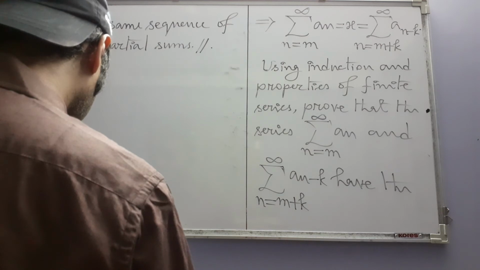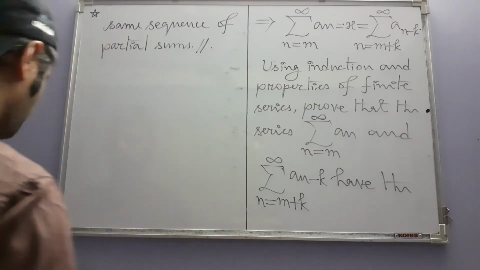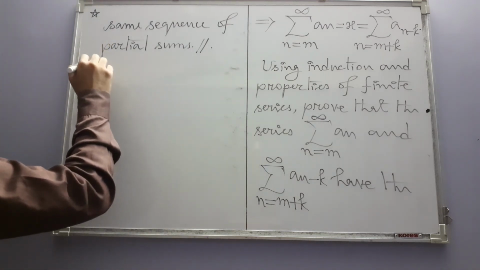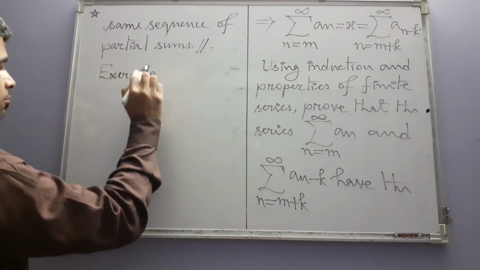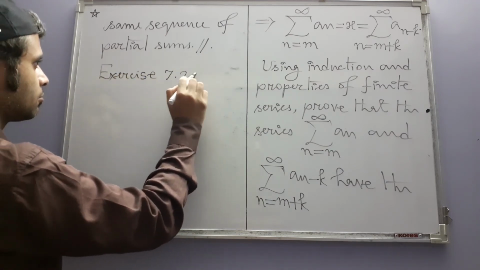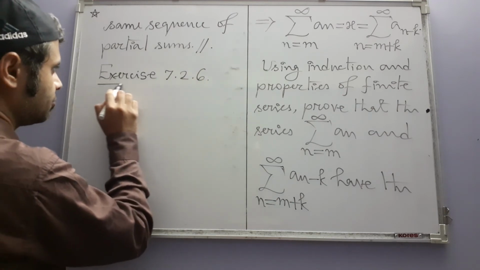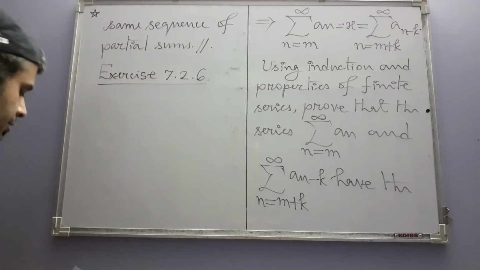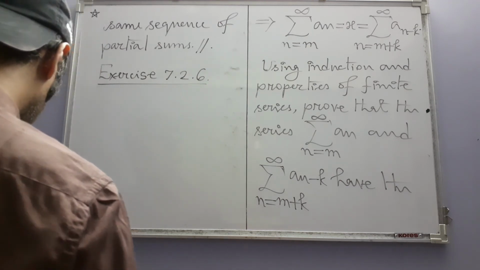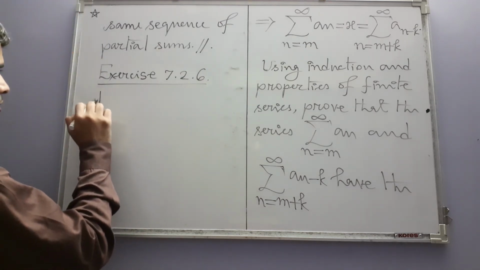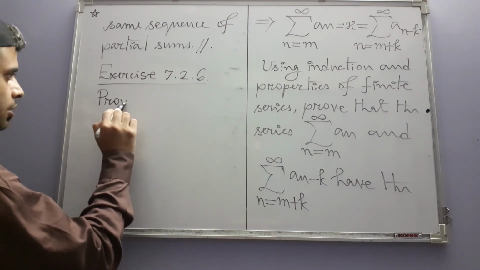Now we move on to the next one. And this I believe is the last one in this set of exercises. Yes, prove. This one also asks us to prove a result.